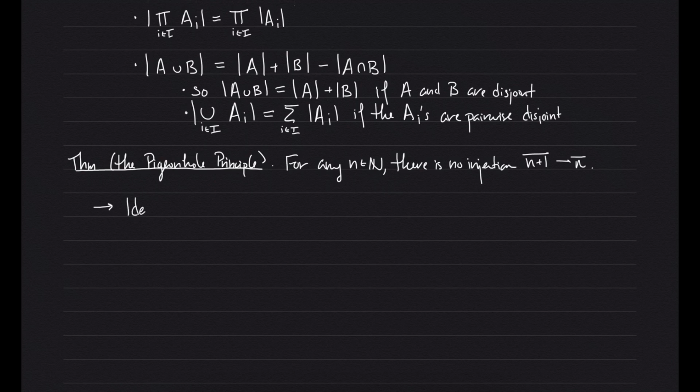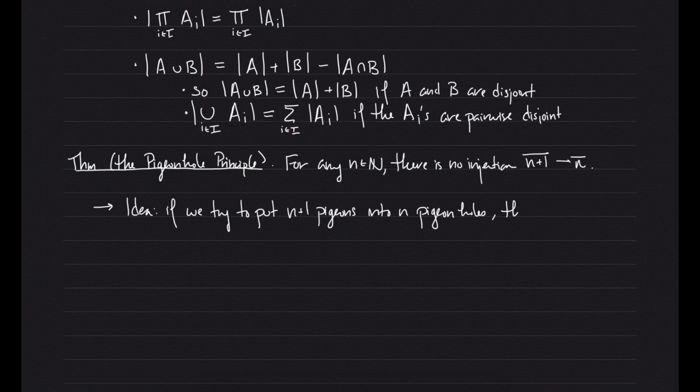So the idea is that if we try to put n plus 1 pigeons into n pigeonholes, then at least one pigeonhole will have more than one pigeon.